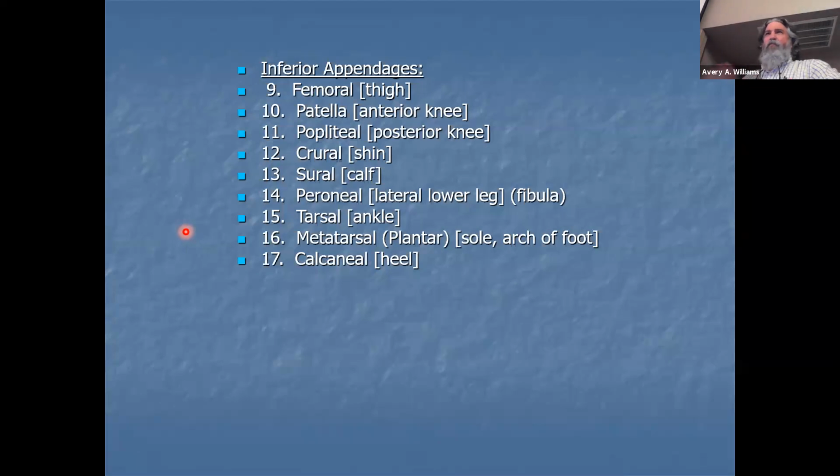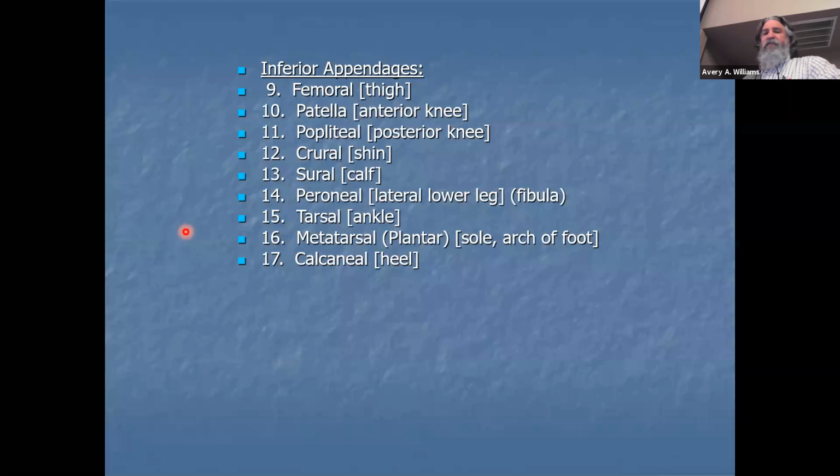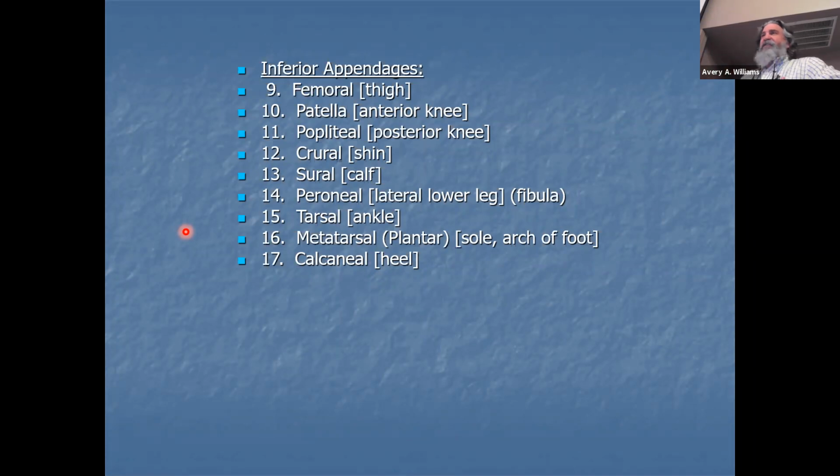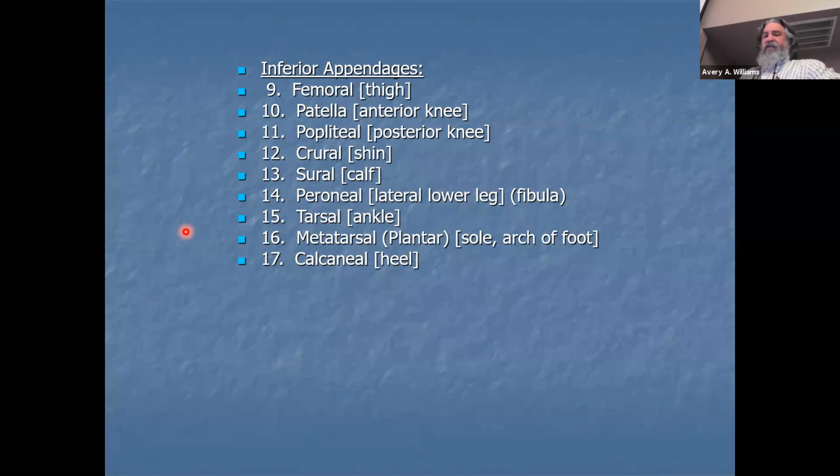A lot of your modern contemporary anatomy books tend to shy away from eponyms, these old terms that are named after people. But I kind of like eponyms, as you're honoring certain individuals. But like I said, a lot of textbooks try to get away from them because they're not very descriptive. It's somebody's name, so what does that mean? So your contemporary books try to use more descriptive terms.